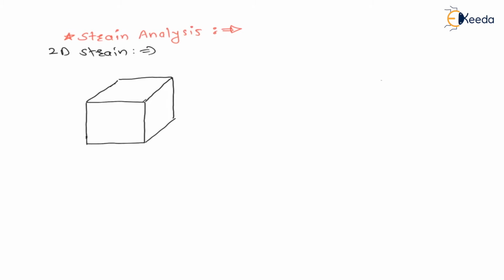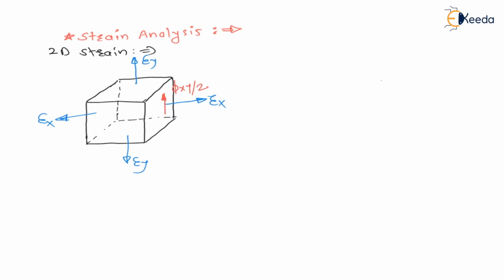Along x-axis there will be normal strain Ex. Along y-axis normal strain is Ey. Now on the plane on which Ex is acting, there will be phi xy by 2.